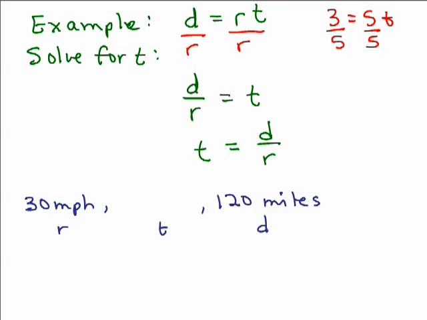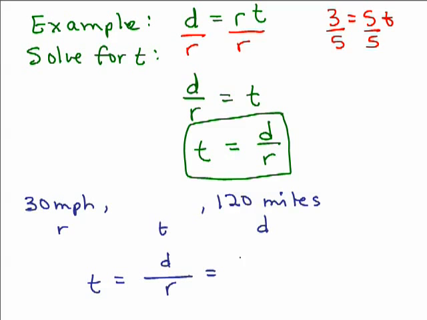So we have this formula, t equals d over r, and you want to find t. And so if you plug in d over r, we would have 120 miles, right? And this is a little bit tricky.